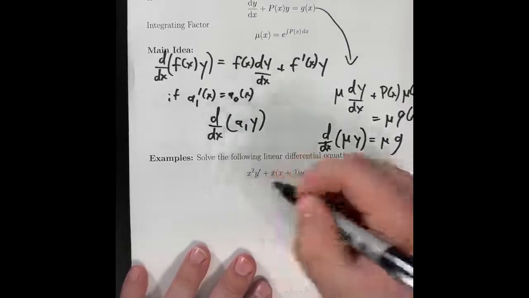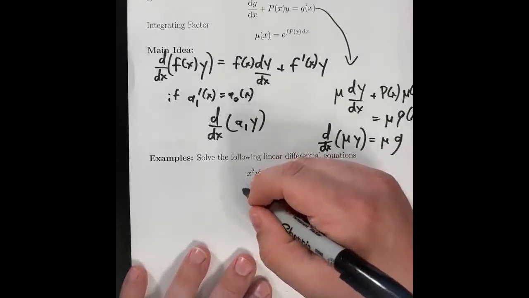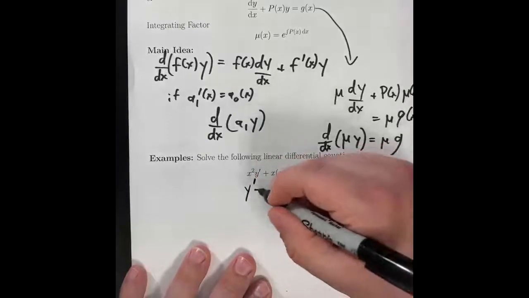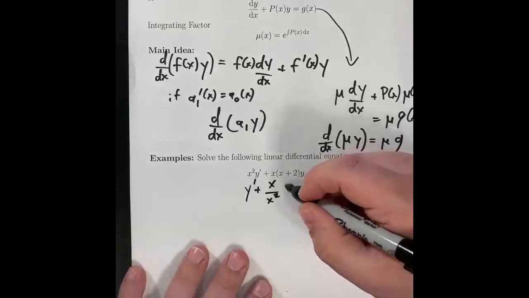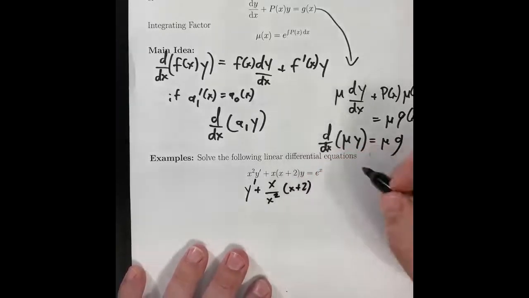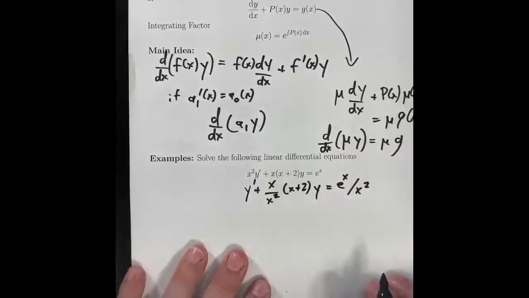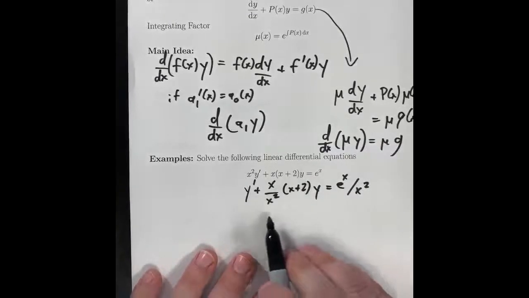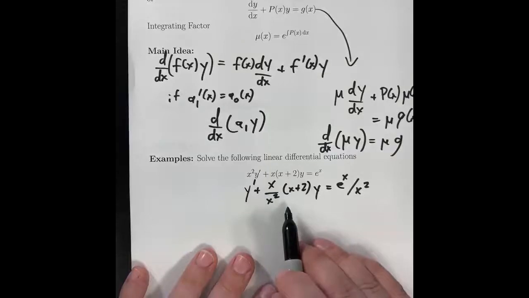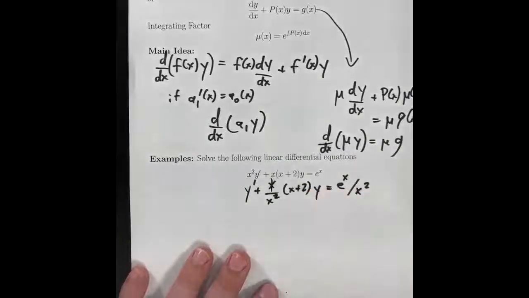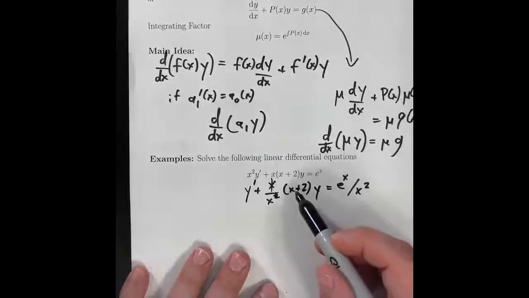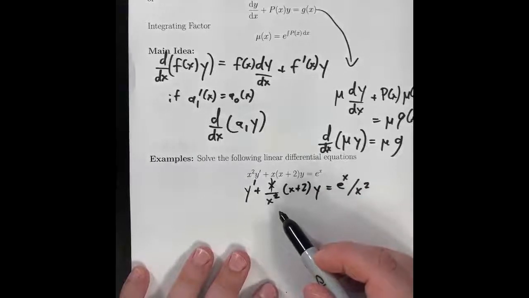So if I divide by x squared, I have y prime plus (x plus 2) over x squared times y equals e to the x divided by x squared. So this function right here in front of the y is our p. You can cancel out one of these x's with one of the x's below, and so we have x plus 2 over x.